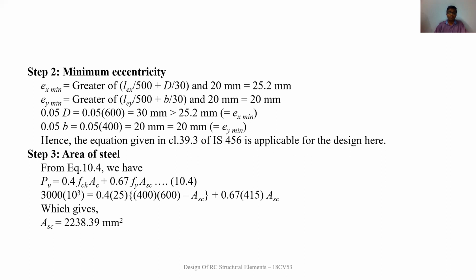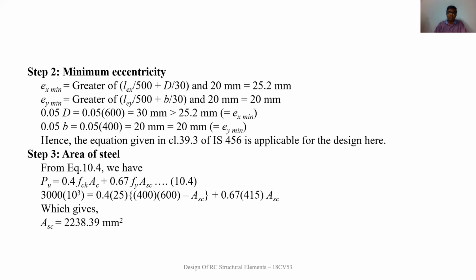And the e x minimum and e y minimum should not be more than 0.05 times D and 0.05 times B. Hence, 0.05 times D leads to 30 mm and 0.05 times B leads to 20 mm.